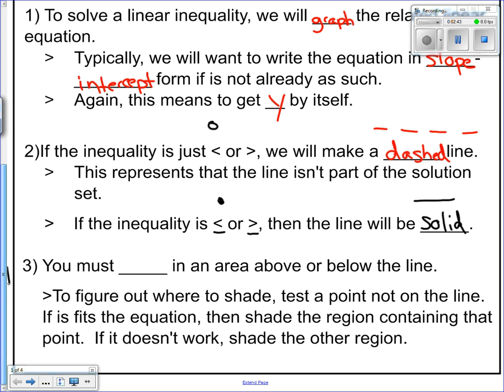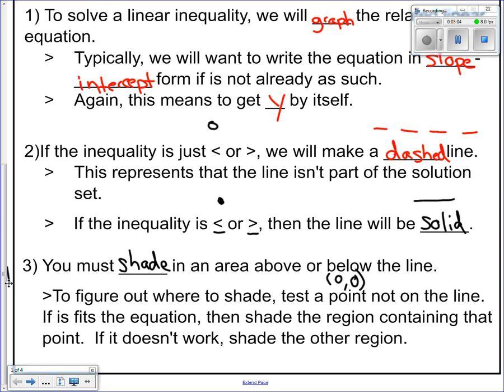And then third step, you must shade in an area above or below the line. To figure out where to shade, test a point not on the line. Usually, we're going to use the point (0, 0).